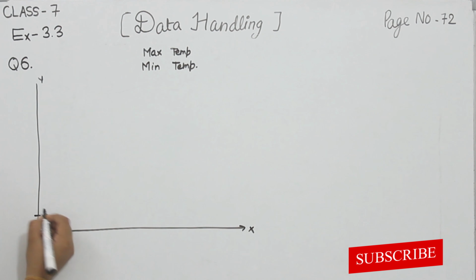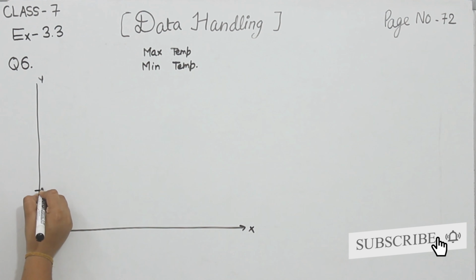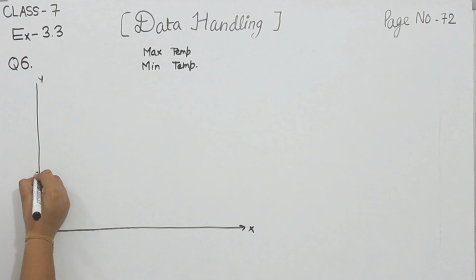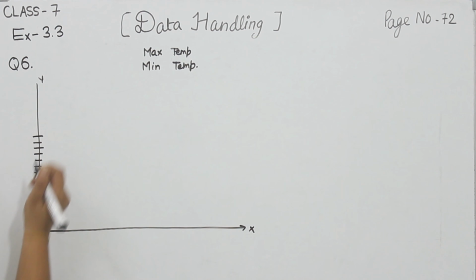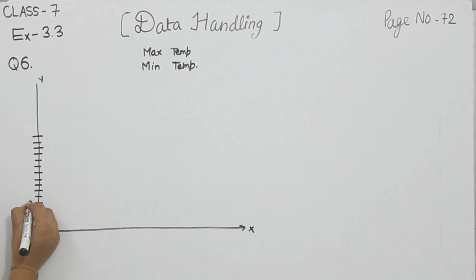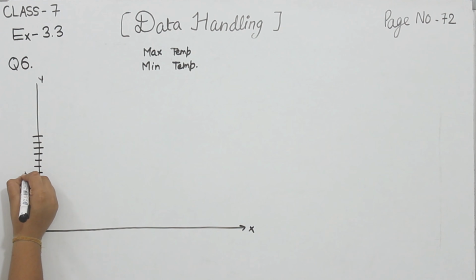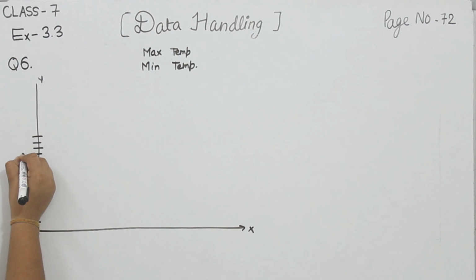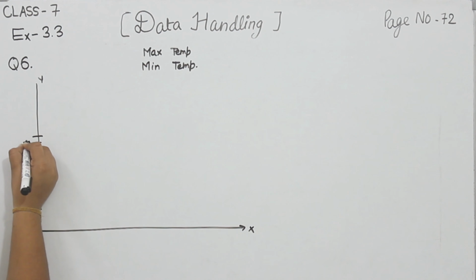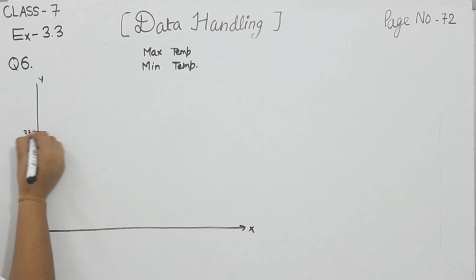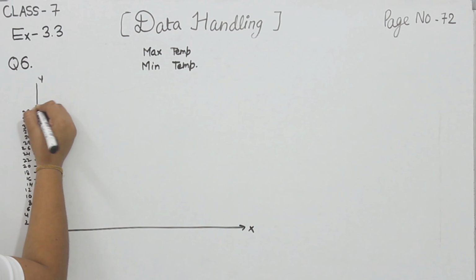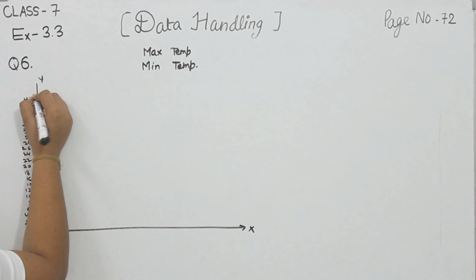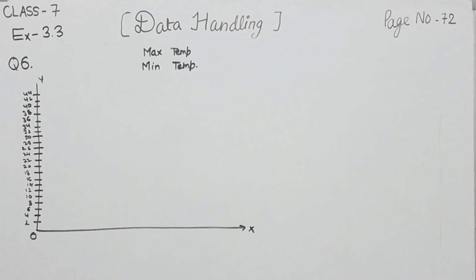So 2, 4, 6, 8, 10, 12, 14, 16, 18, 20, 22, 24, 26, 28, 30, 32, 34, 36, 38, 40, 42, and 44. So start with Ahmedabad.